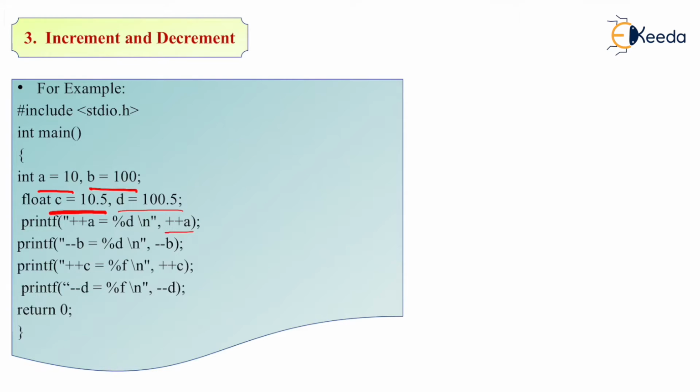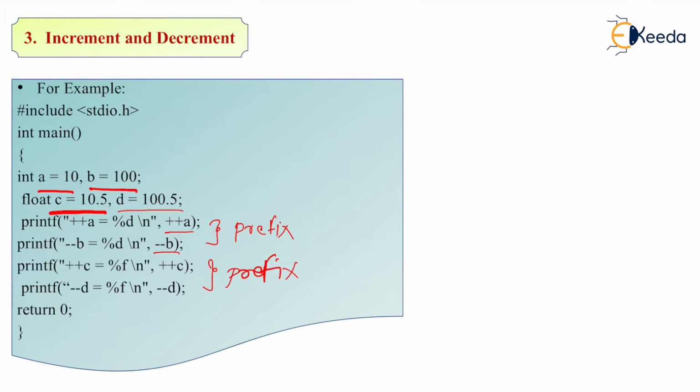Then with the next printf, we are printing minus minus b. That is, both are prefix operators, right? And printf plus plus c and printf minus minus d. So these are also prefix operators but on floating point values.